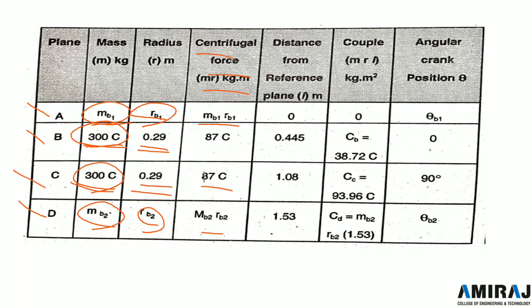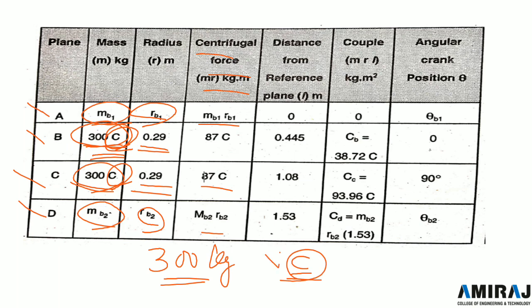Then, because only partial mass is considered, that is why c is taken, because we are partially balancing, not completely balancing. Complete total mass is 300 kg, but only some portion, the fraction c, is considered for balancing.